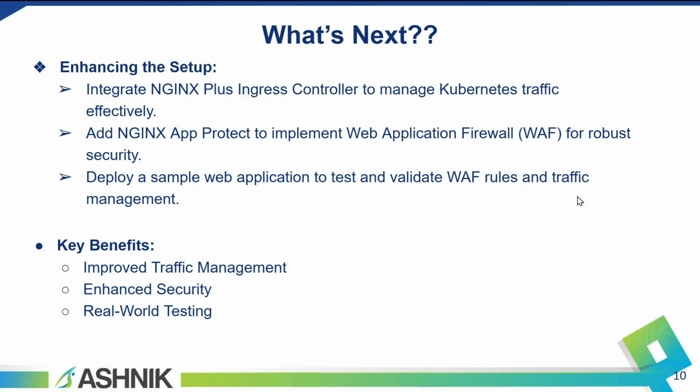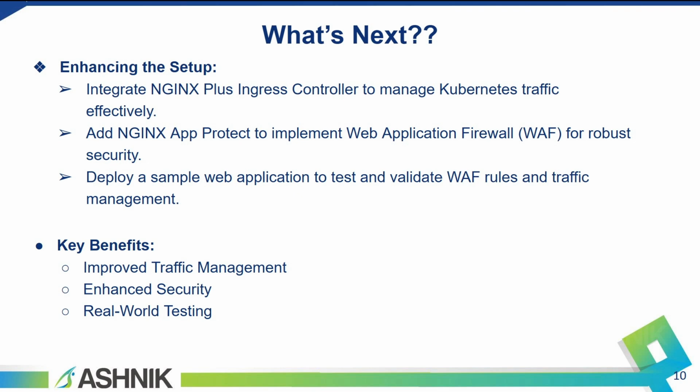So what are the next steps? So this is the basic setup. You can do it on your environment for testing purposes. But for production level, we need to enhance some security. We need to harden this cluster. So in the next video, we will see how we can integrate the Nginx Plus Ingress controller to manage the Kubernetes traffic. Then we will integrate Nginx App Protect as well to implement the web application firewall rules and make it robust.